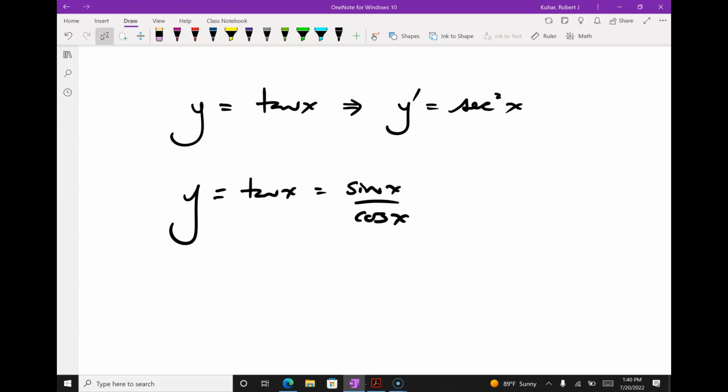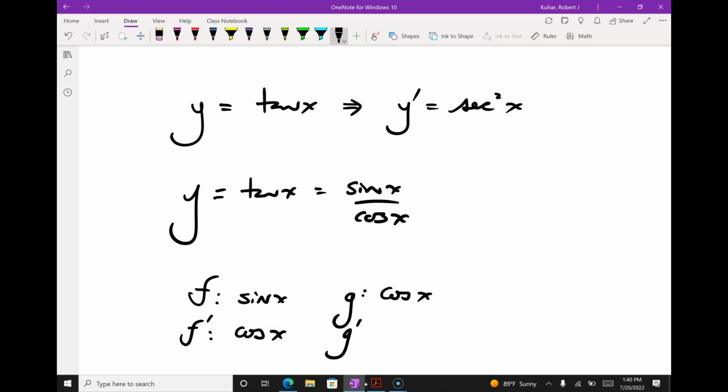Everybody ready? Upstairs function is sine of x, right? What's the derivative? Cos of x, nice. Downstairs function is cos of x. Derivative, negative sine of x.